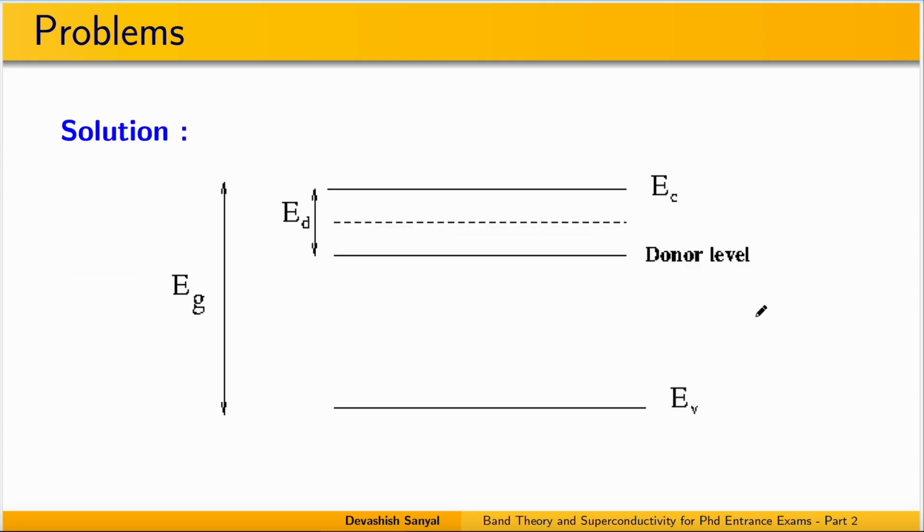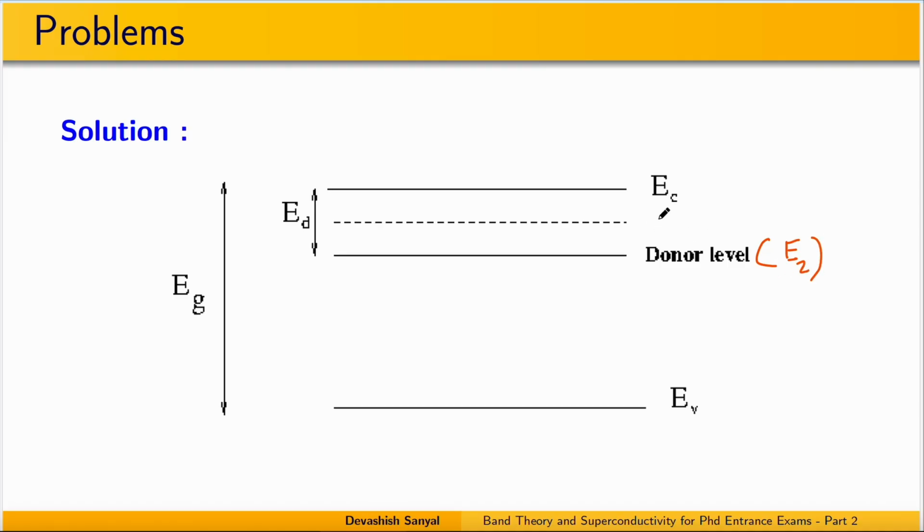For that, this is a picture. Here we have the valence band, the upper edge of the valence band. Then you have the donor level, which is given by E2 in the problem.